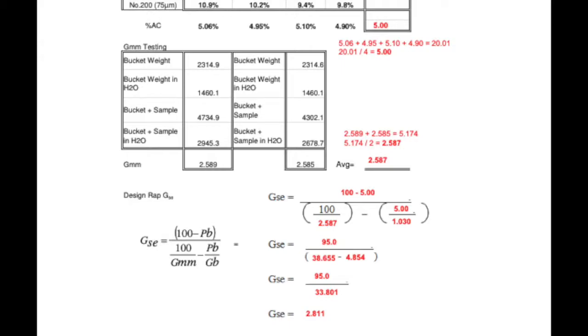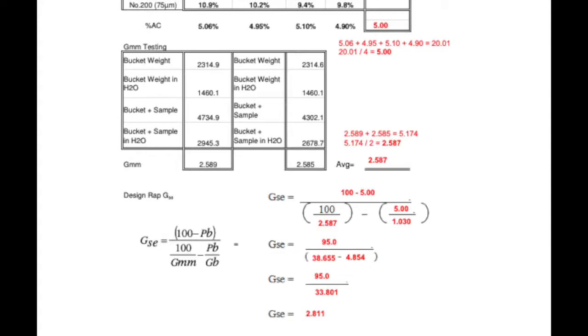So knowing our asphalt content of 5.00 and knowing our GMM of 2.587, we can move forward in calculating our GSE. The first portion of this equation is 100 minus PB. So it's 100 minus your asphalt content, your percent binder, which will give us a 95. The second part of the equation is 100 over GMM.